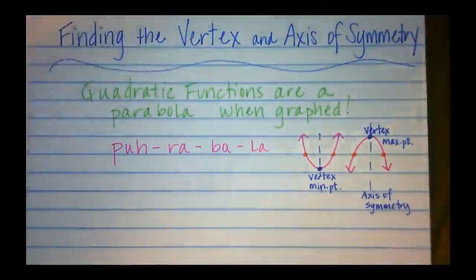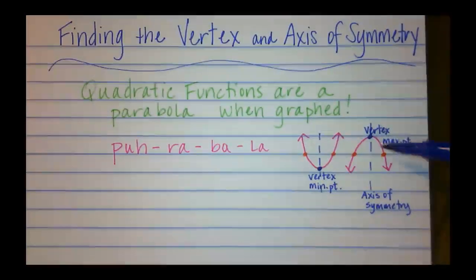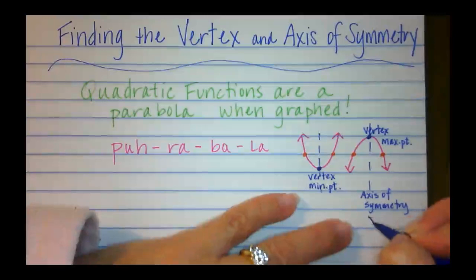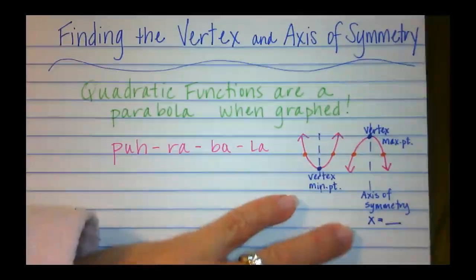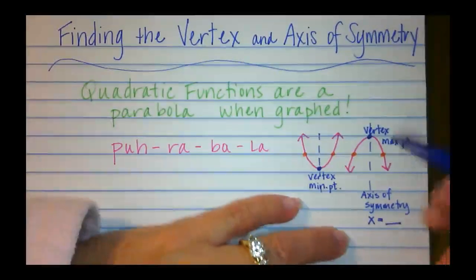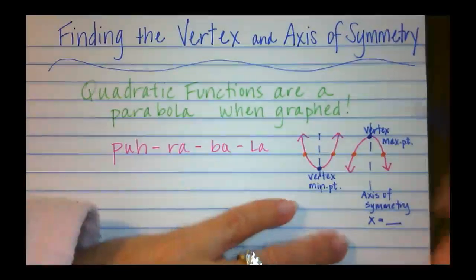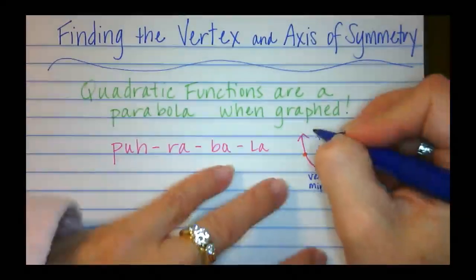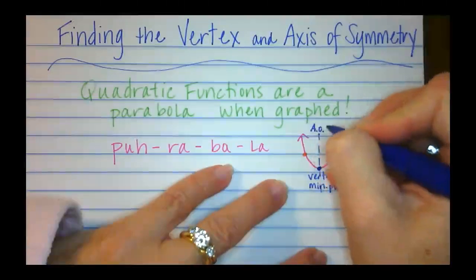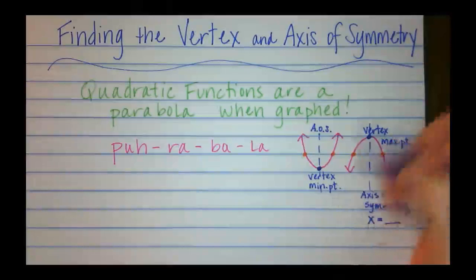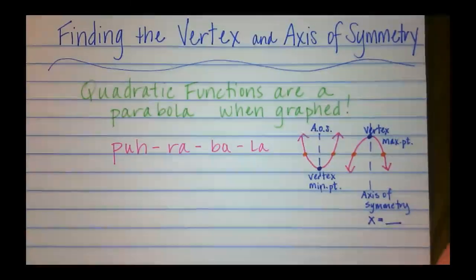And since we are dealing with functions, we know that the line that is the axis of symmetry is an x equals line. And it just so happens that the axis of symmetry is going to go right through the vertex of your parabola. So this one is also, I'm going to abbreviate here, axis of symmetry. So it's an imaginary line that cuts the parabola straight down the middle.